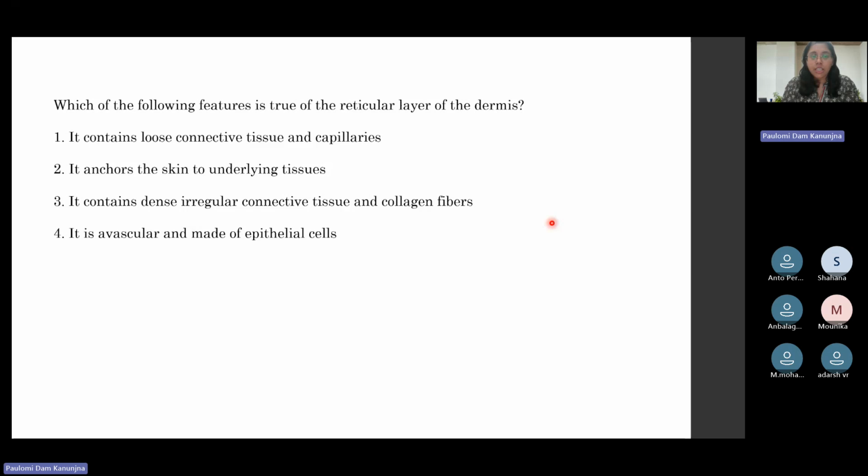The question is about what they connect and what they have. So which one relates more to the reticular dermis and is not characteristic of the papillary dermis?